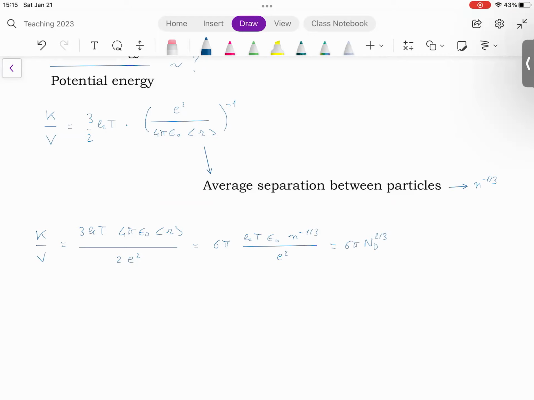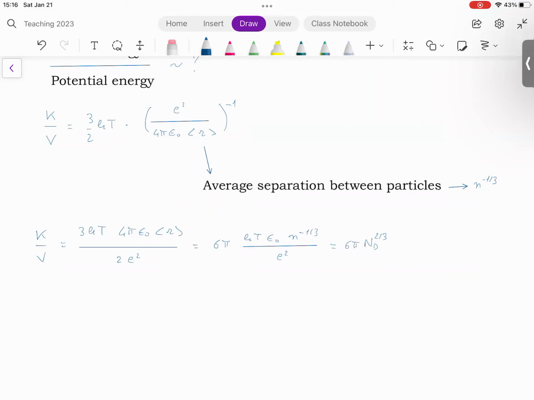So again, we see that the plasma parameter is going to tell me if my number of collisions, that's going to be lecture 4, if my kinetic energy is much larger than the potential energy or the other way around. And of course, if the plasma parameter is large, kinetic energy is going to be larger than potential energy.